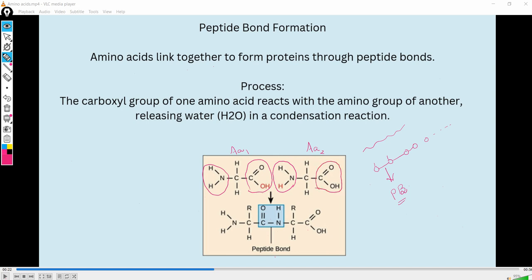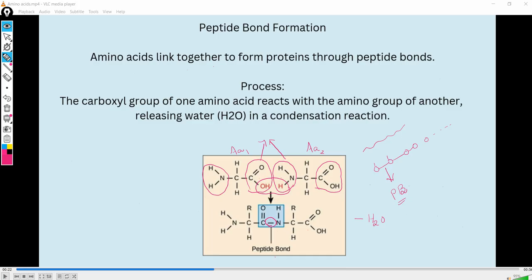Now, the carboxyl group of one amino acid and the amino group of the adjacent amino acid will condense, or react with each other, releasing one water molecule and initiating a bond between the carbon and nitrogen.